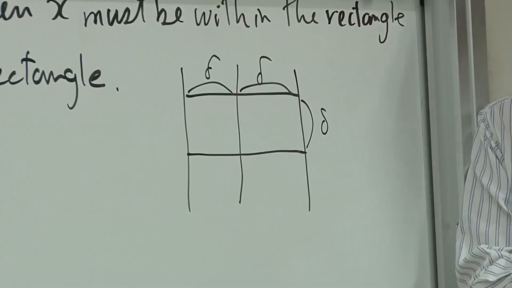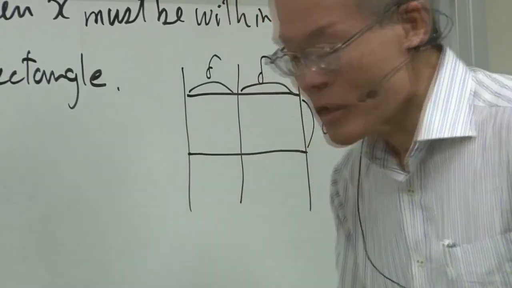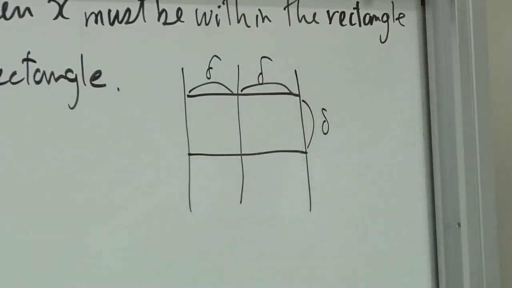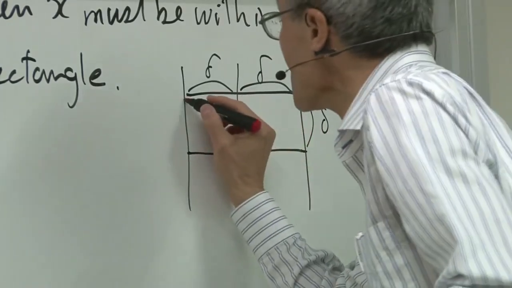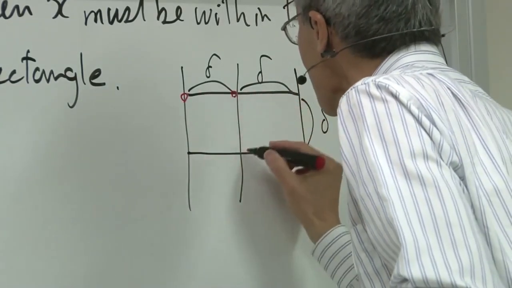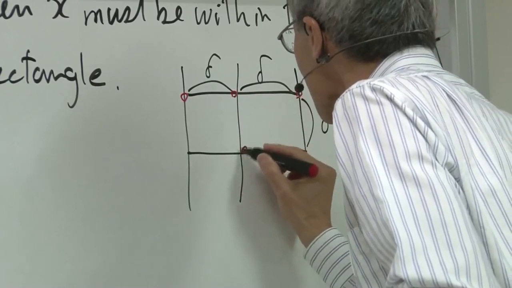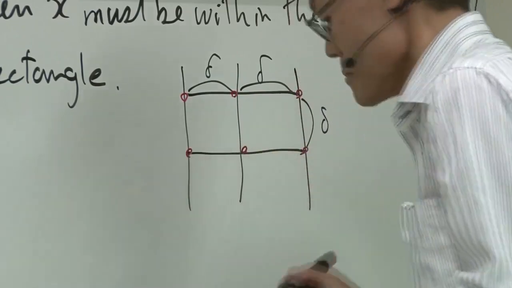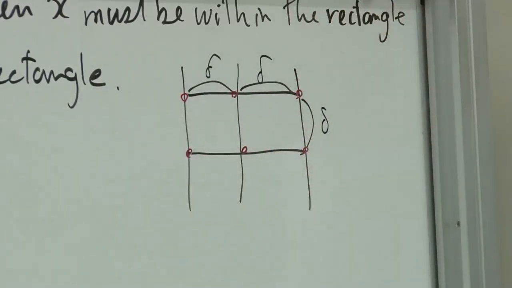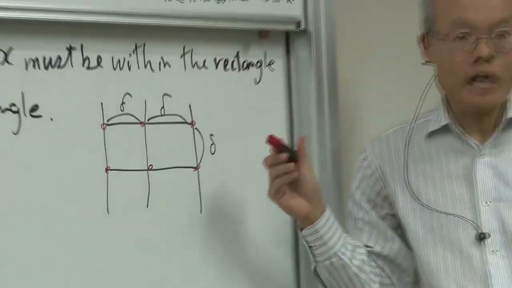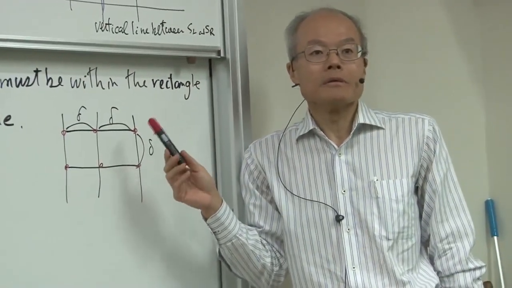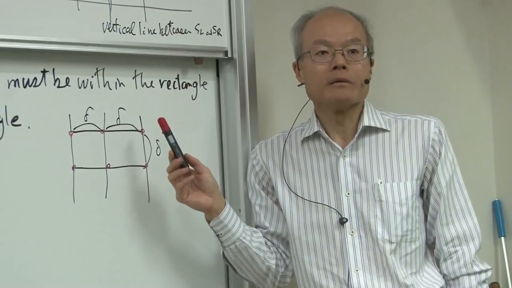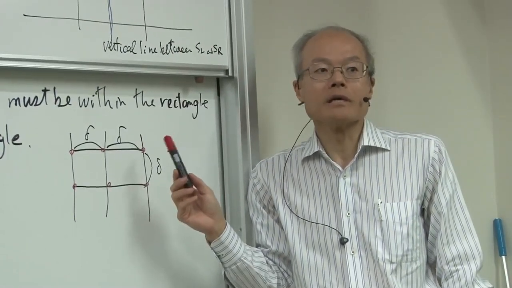Why? The worst case is this. There can be 6 points in this rectangle, but there is no 7th one.